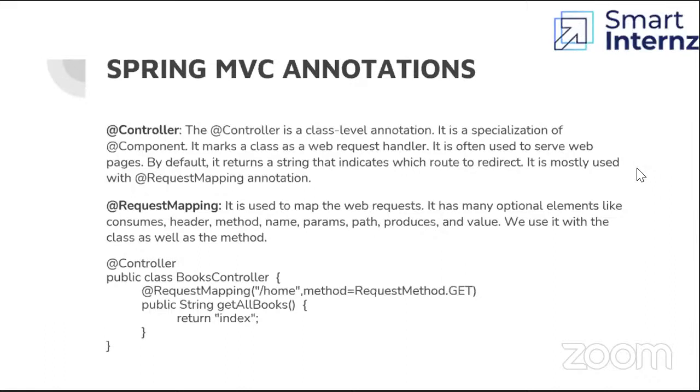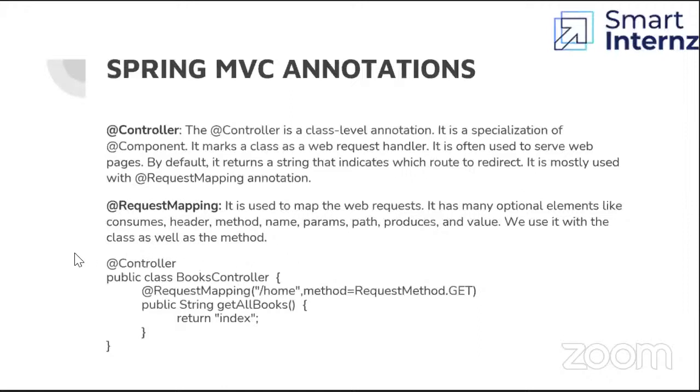So these request mappings are used to map those particular web requests. It has optional elements like header, method, name, params, path, produces, and value. All these are optional, so depending on your requirement, you can use them. By default, you just have to specify one parameter, that is the path, which is the path the user is actually requesting from the web browser. So you have to specify that in the request mapping.